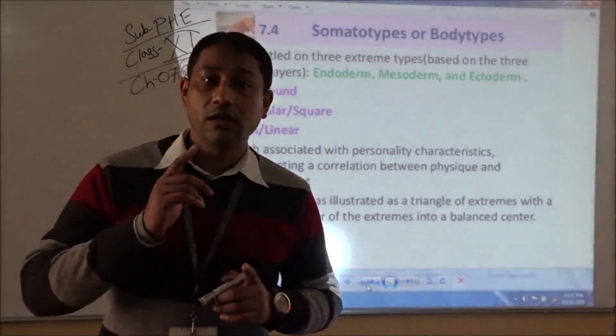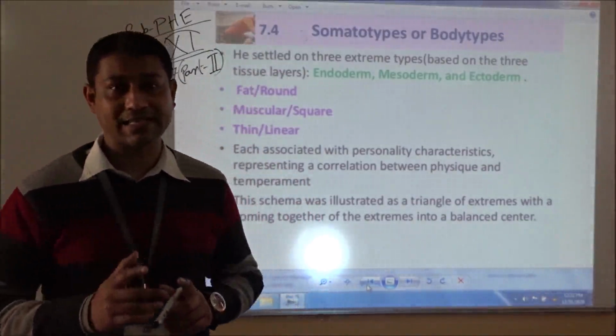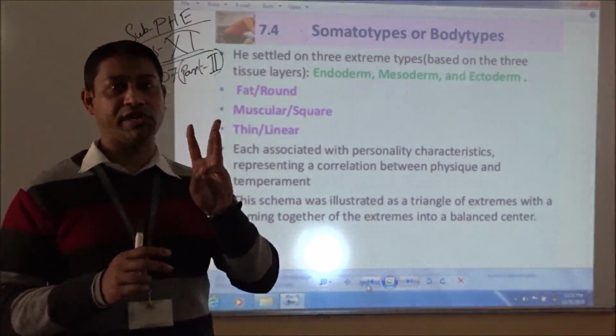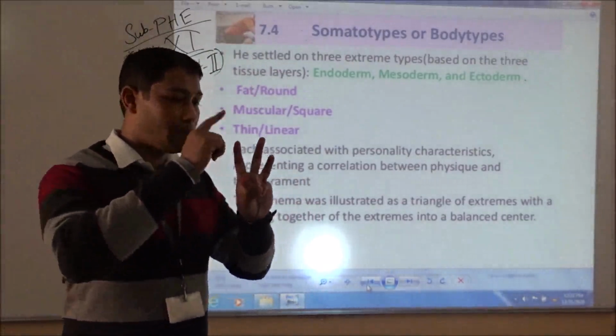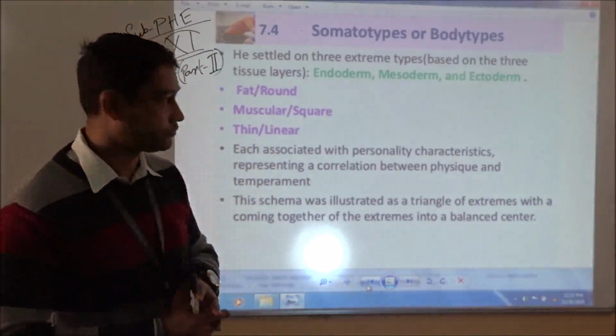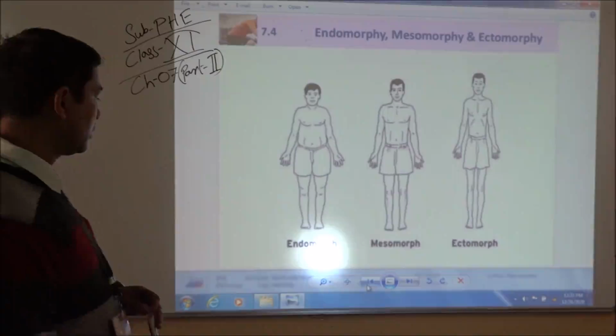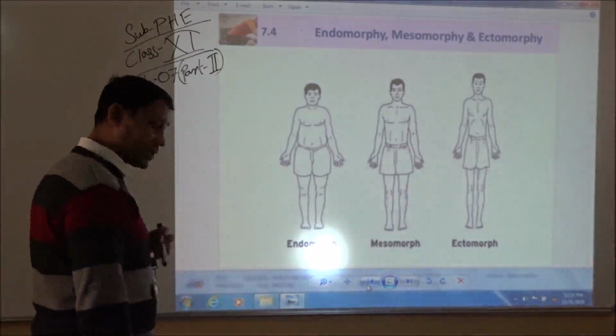So the psychologist William Sheldon has classified somatotypes into three: mesomorph, endomorph and ectomorph. Okay, so moving ahead students, now here you can see the classifications.